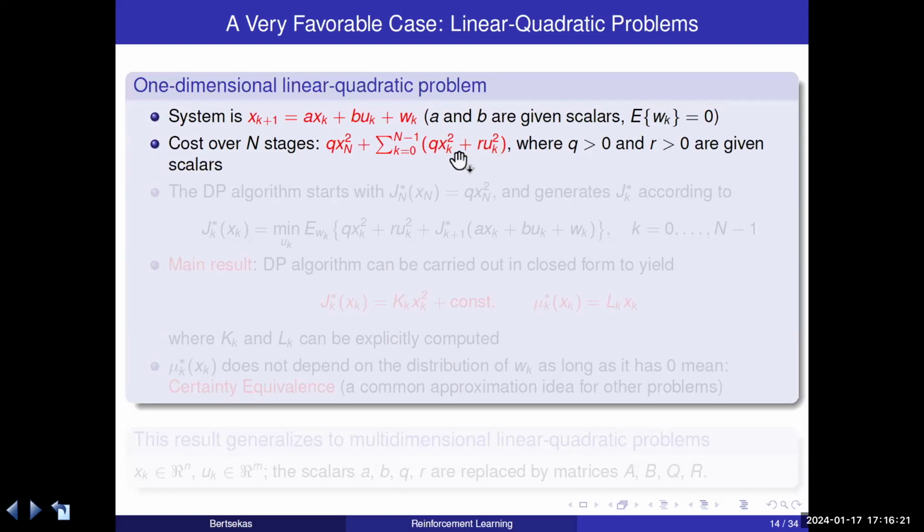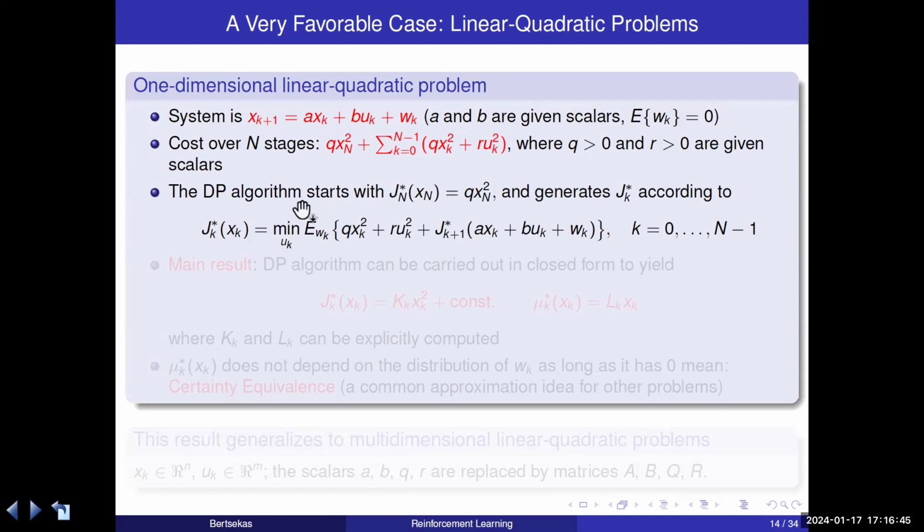So we want to keep the state near zero with relatively small energy, so to speak. Q and R are given. They could depend on the stage, but I have simplified here to make them the same for every stage. And there's a terminal cost, which is also quadratic. Okay, so that defines the problem.